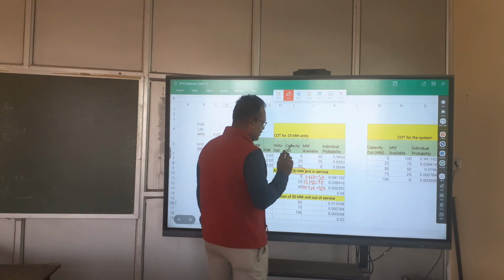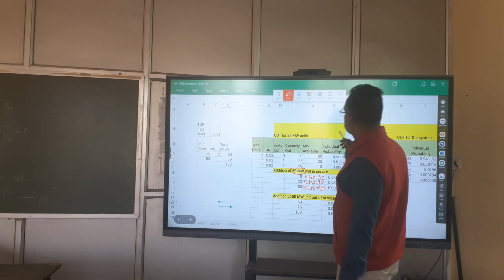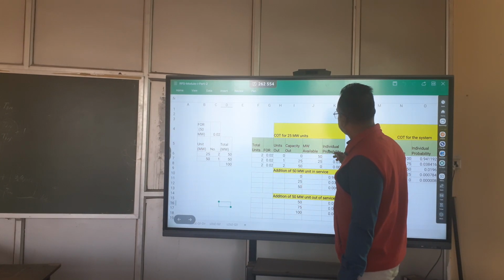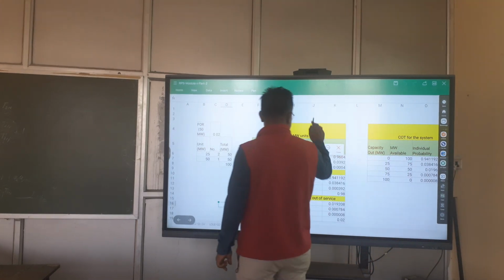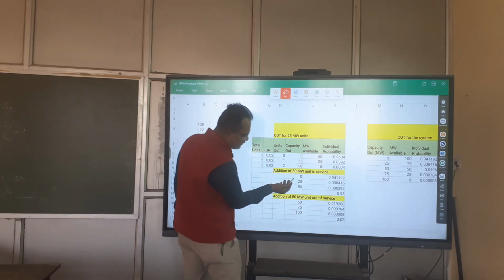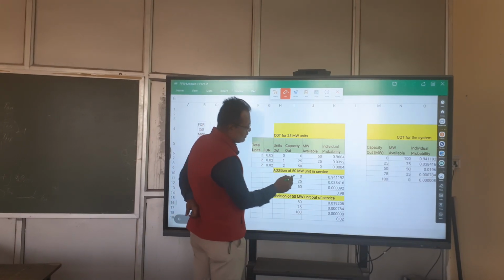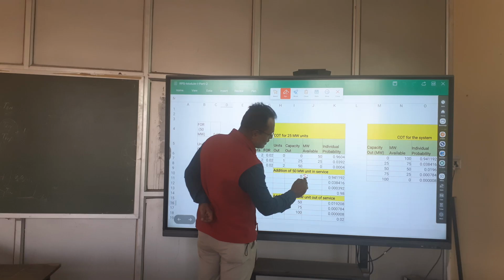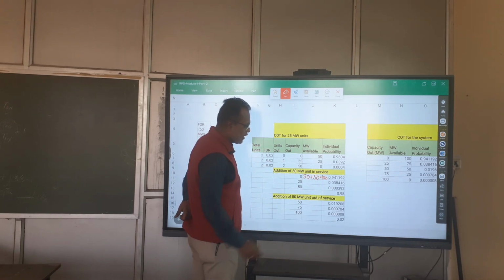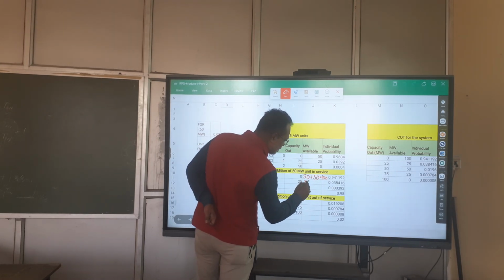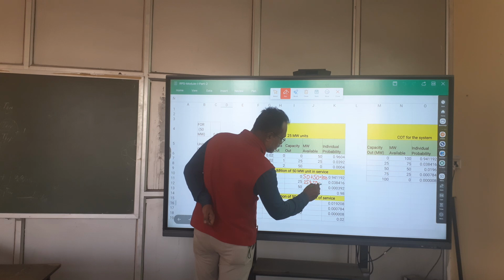No, I made a mistake here. Capacity outage is 0. That means how much is available? 100. 50 plus 50. So capacity outage is 25. That means how much is available? 75.